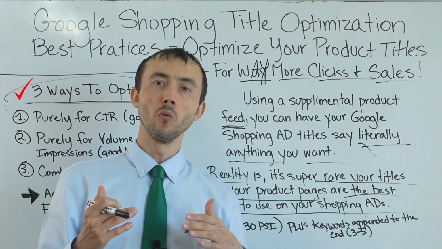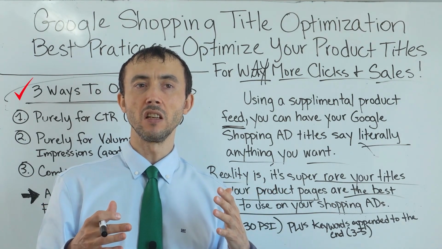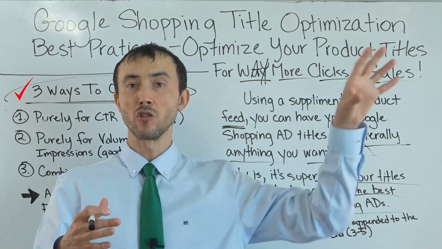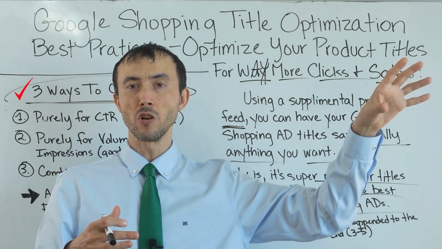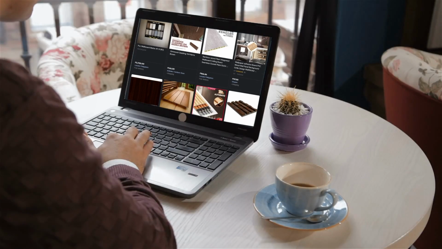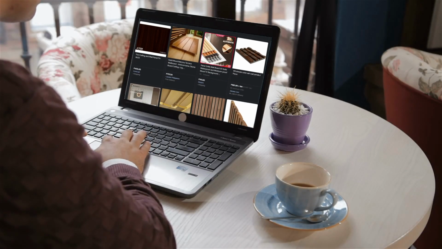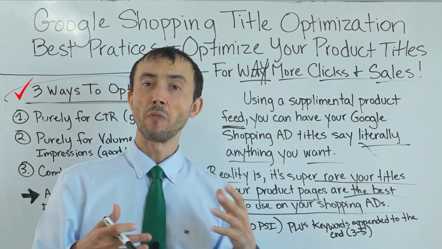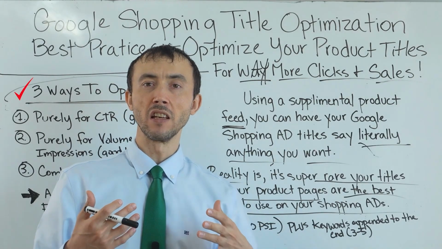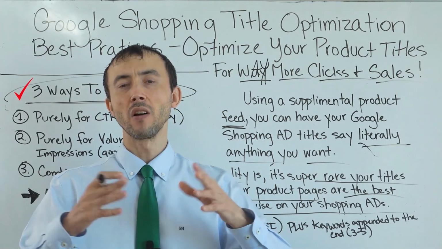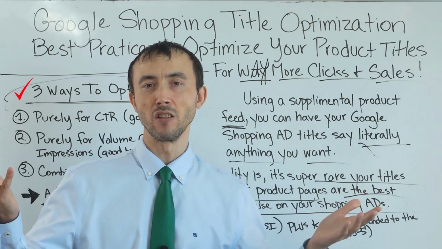The Google algorithm that tries to decide where that product should show up in the search results will actually show it if somebody types in brown wallboard. The reality is there are a lot of shades of brown, and that product wasn't necessarily exactly brown. I forgot exactly which shade of brown it was.